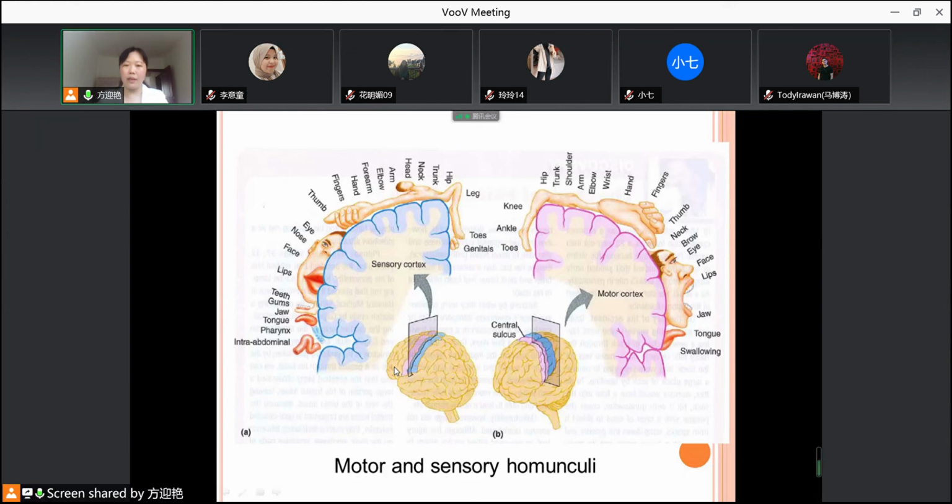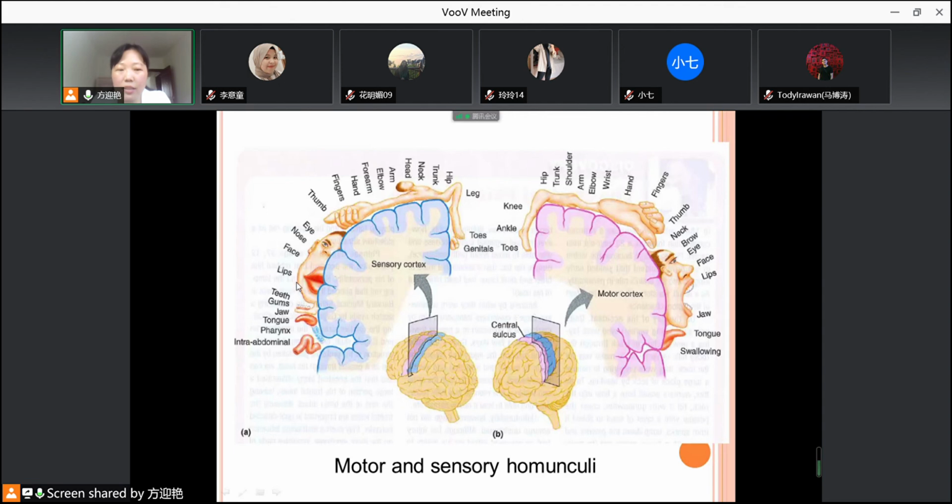We can see here the movement, the motor cortex, and also the sensory cortex.